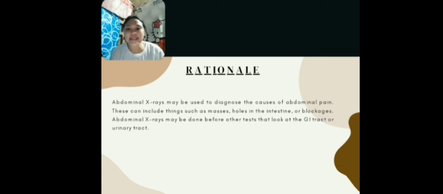This can include things such as masses, holes in the intestine, or blockage. Also, an abdominal X-ray may be done before other tests that look at the GI tract or urinary tract.